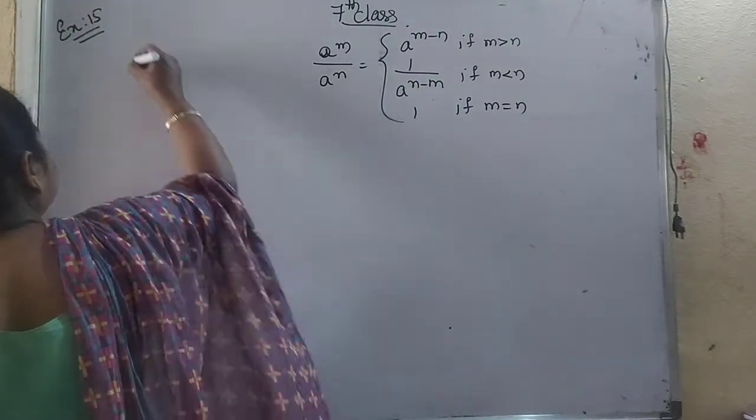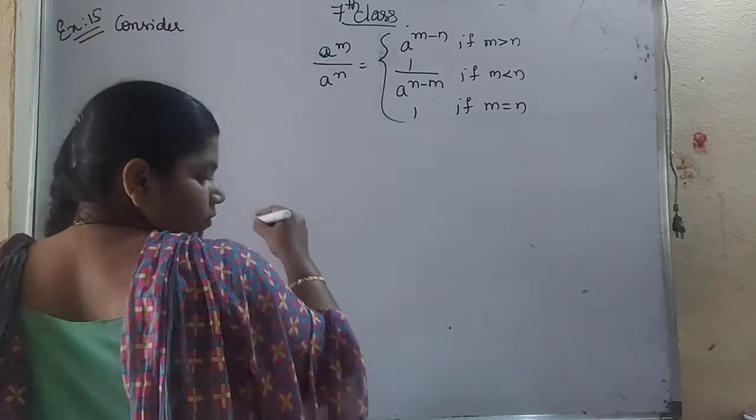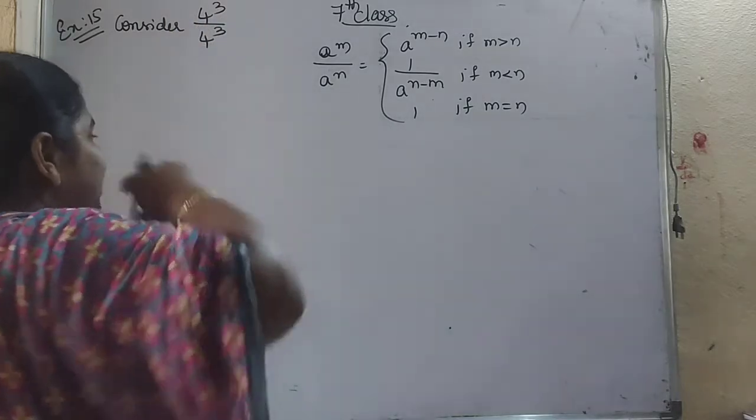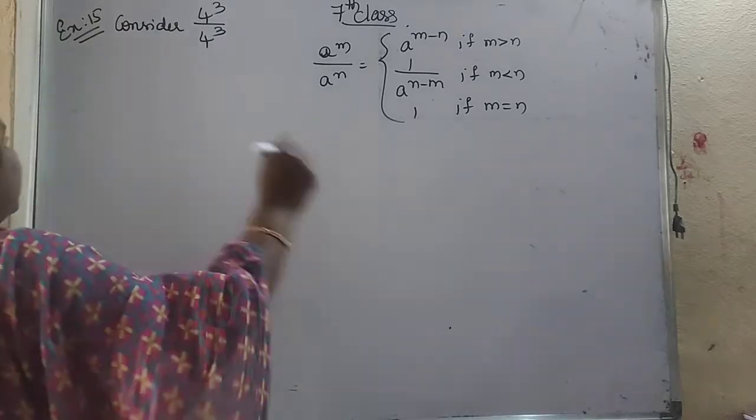Consider 4 power 3 by 4 power 3. If you see this, both bases are equal, and the powers are also equal in this case.